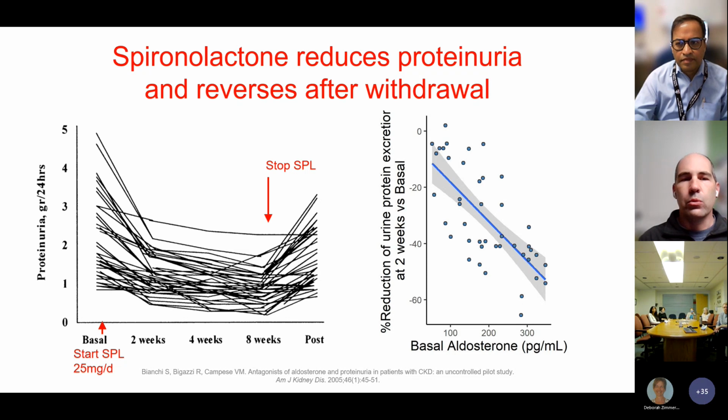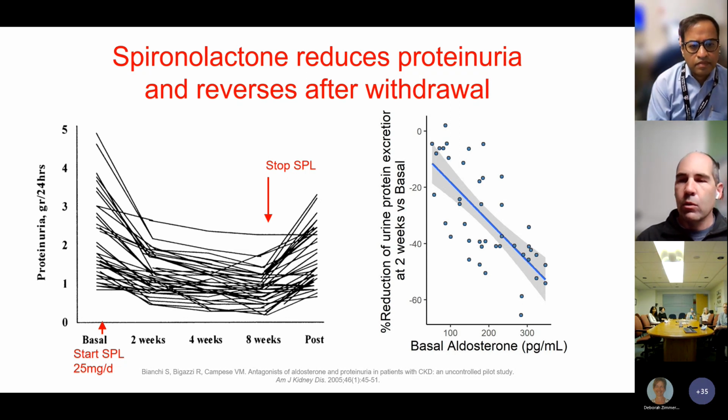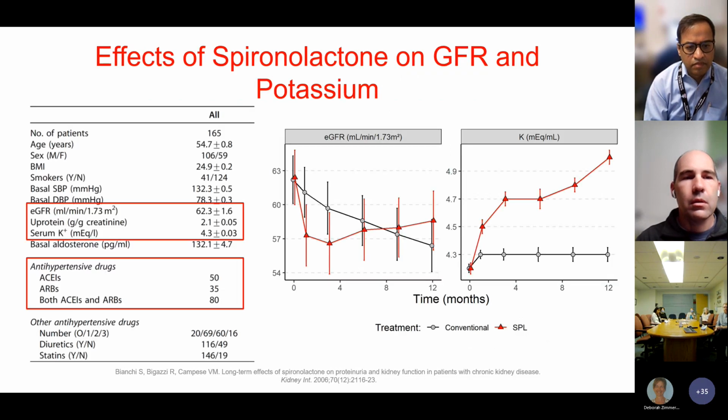It goes right back to maybe not quite where it was, but it definitely increases after you stop spironolactone. And the people who got the largest benefit were those who had higher aldosterone when you started the study. So they're not looking at renin or anything like that, but just aldosterone. So still not controlled, but more convincing to me at least.